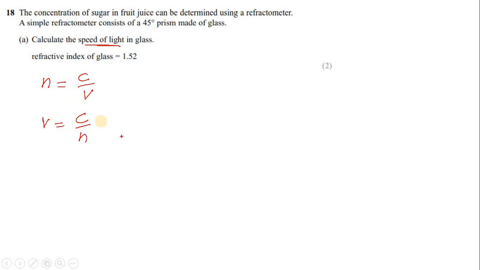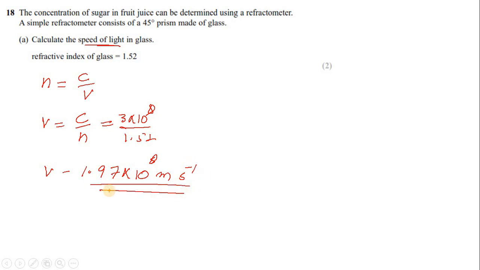You just replace. c is the speed of light, 3 into 10 to the power 8, divided by n, which is 1.52. So v is equal to 1.97 into 10 to the power 8 meter per second. That's how you can find the speed of light in the glass.